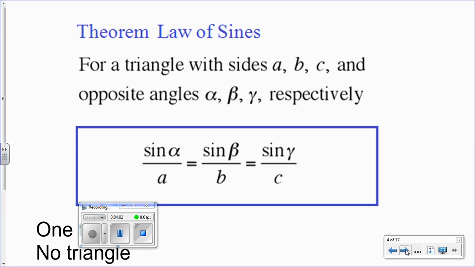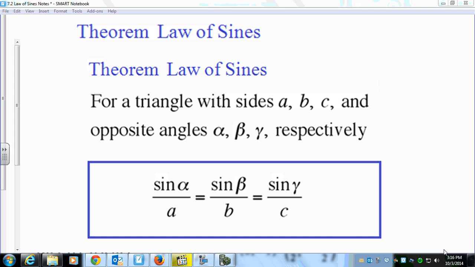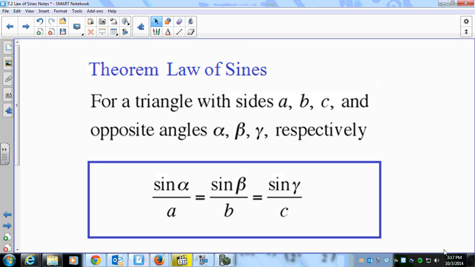With the law of sines, we need to understand that we'll never use all three of these equations. We'll only ever potentially use two of them at any one given time. We don't want to deal with three equal signs.